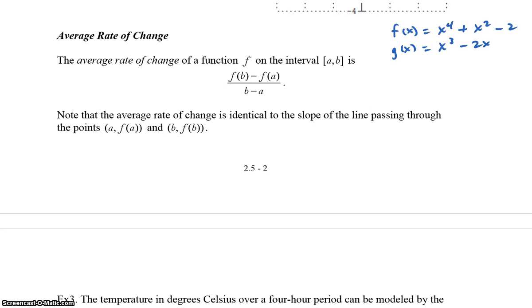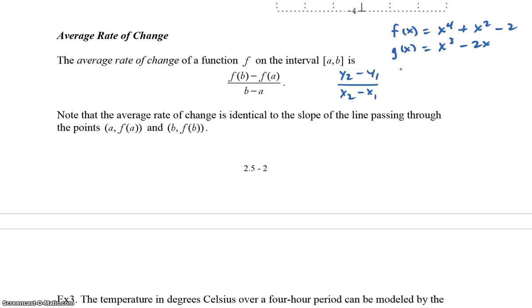The average rate of change of a function f on the interval from a to b is f of b minus f of a over b minus a. Now, this reminds us, perhaps, of something that should be familiar to you from algebra. y2 minus y1 over x2 minus x1.